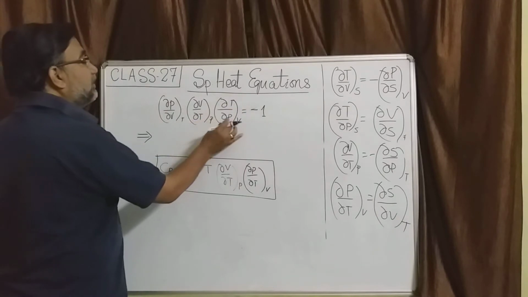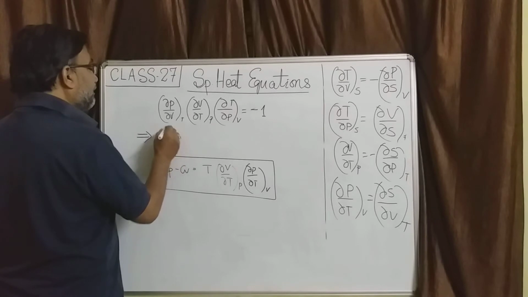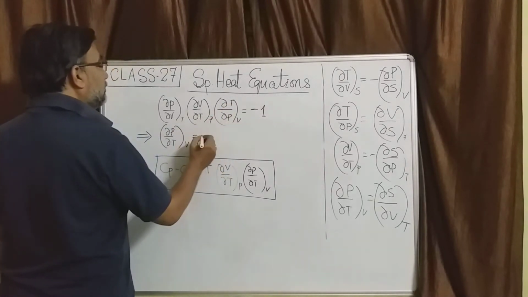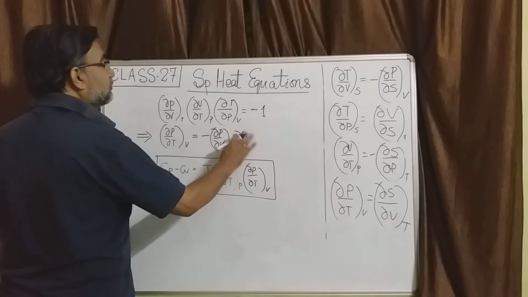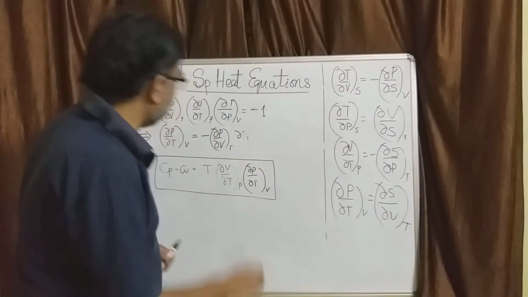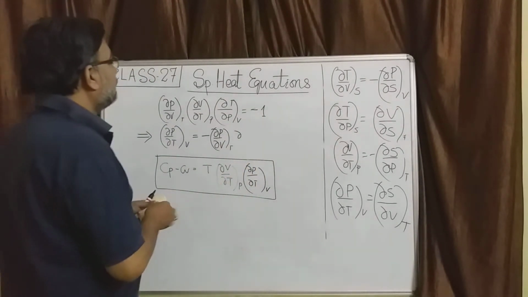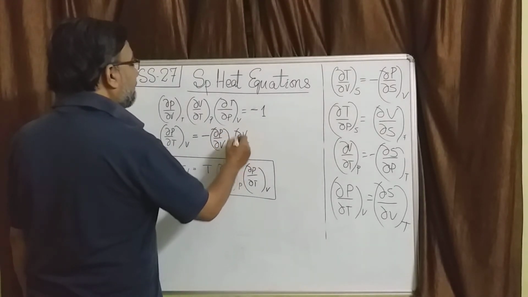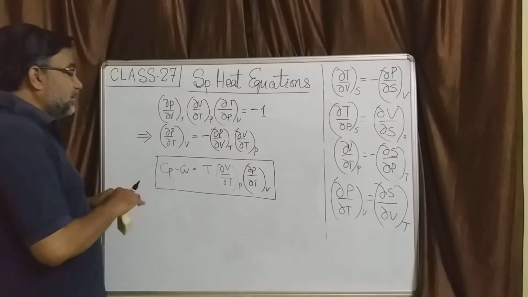If del P del T goes to that side, then del P del T at V is equal to, this will go to that side, minus del P del V at T and del V del T at P.